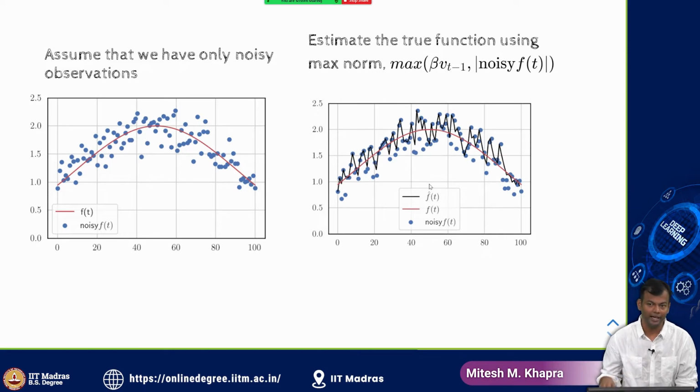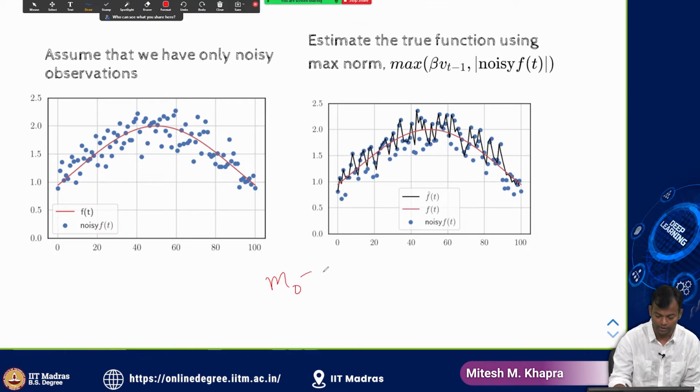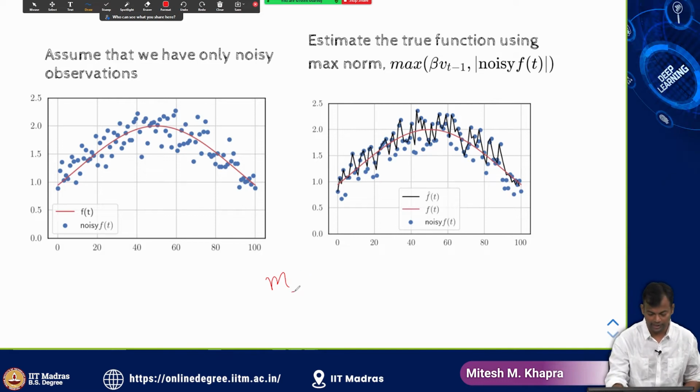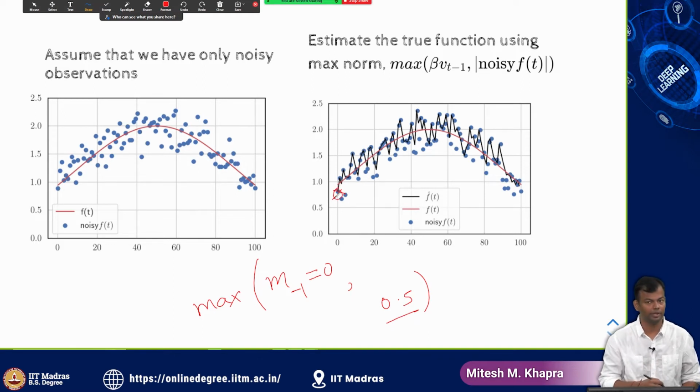If you have the max norm, then M minus 1 at initialization is 0, and in this case at time step 0 I had the value 0.5. So my max norm is going to be the max of these two quantities, and then it will end up being 0.5. So I'll start from here. And so max is of course more zigzag. It's not as smooth as you had in the L2 norm.